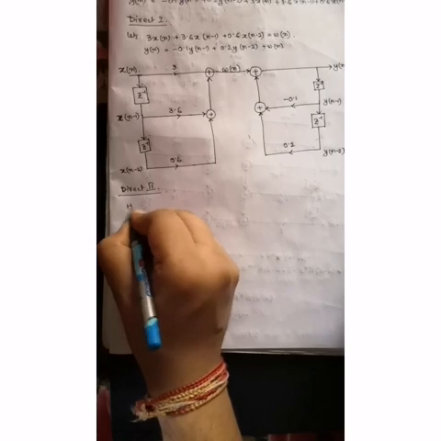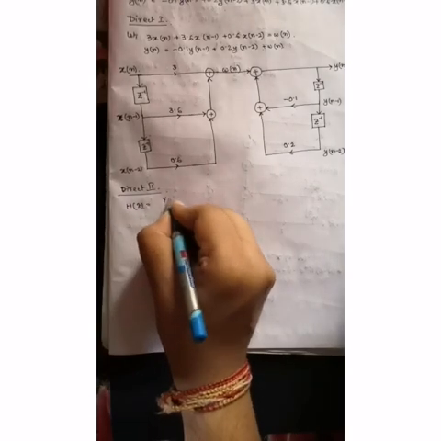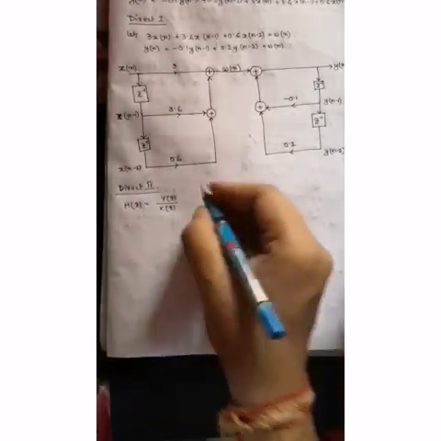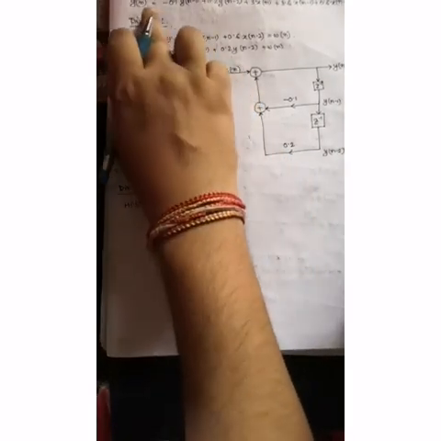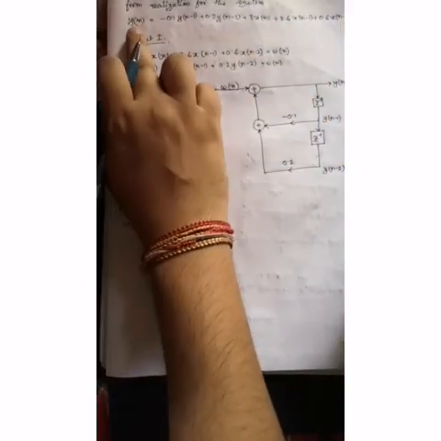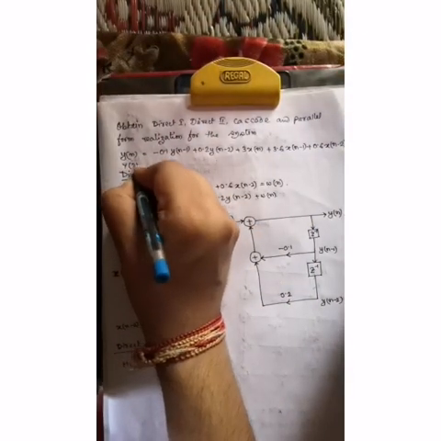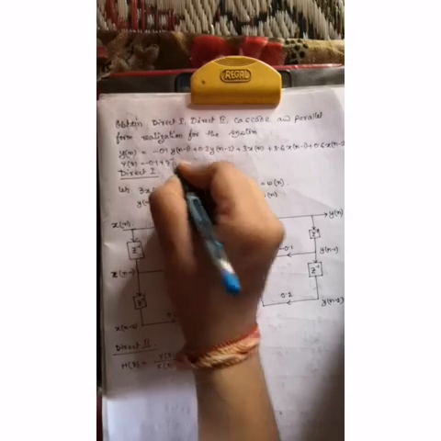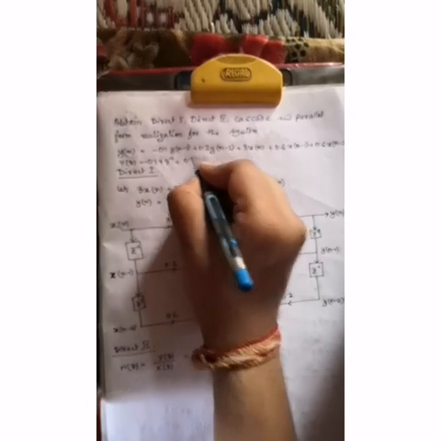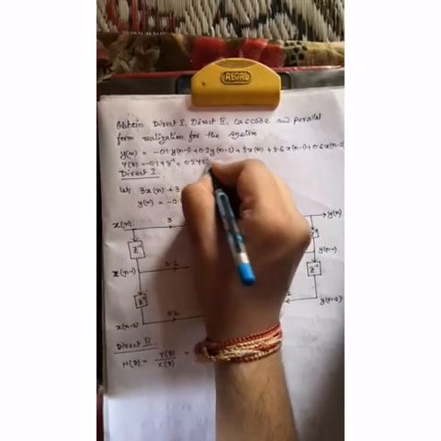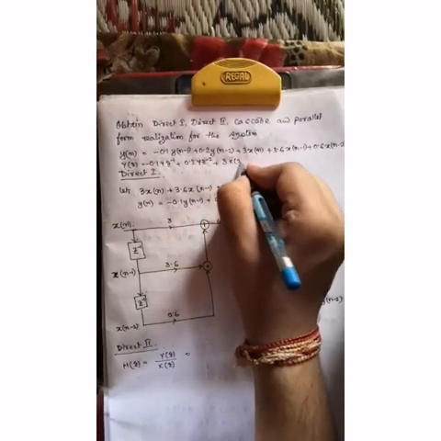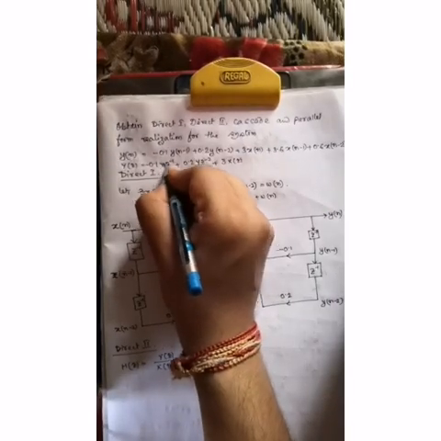So the transfer function H(z) becomes the output Y(z) by the input X(z). After applying the z-transform to the equation, Y(z) equals minus 0.1 Y(z) z to the power minus 1 plus 0.2 Y(z) z to the power minus 2, plus 3 X(z), sorry, it should be Y(z) into z inverse.